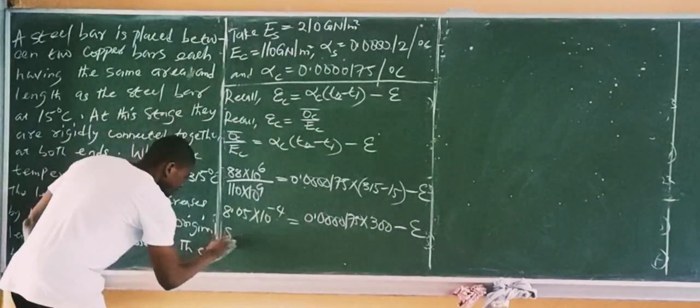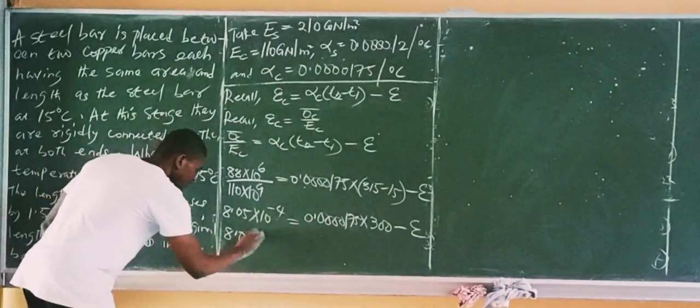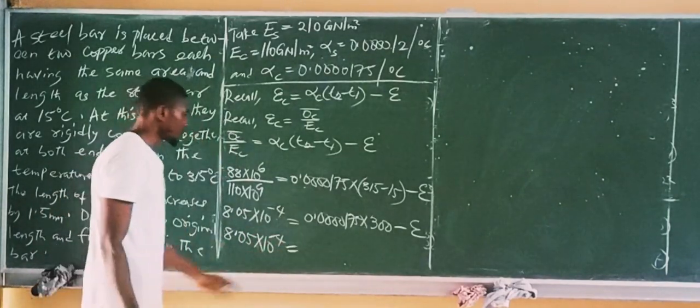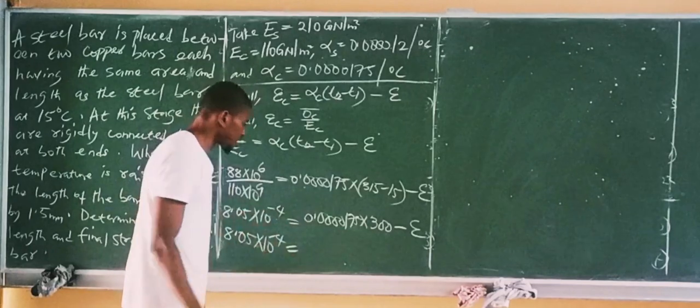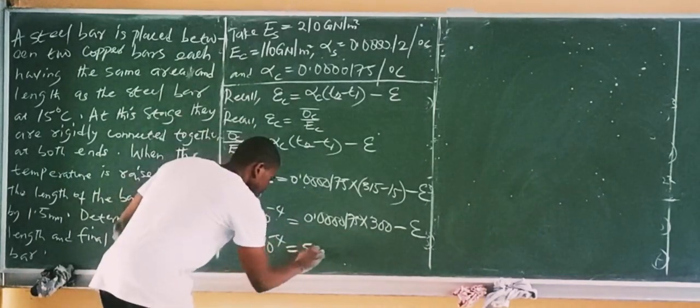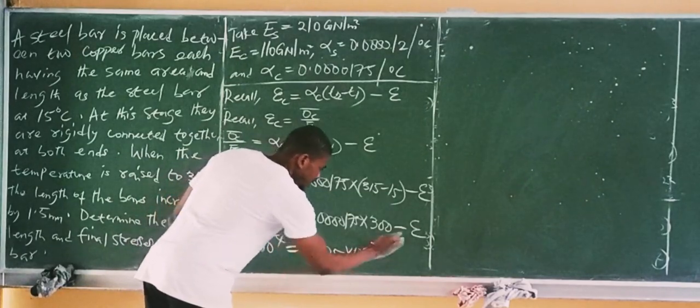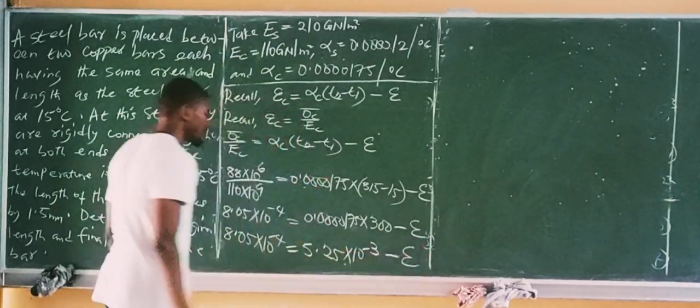So 8.05 by 10 to the power of minus 4 equals 5.25 by 10 to the power of minus 3 minus the common strain.